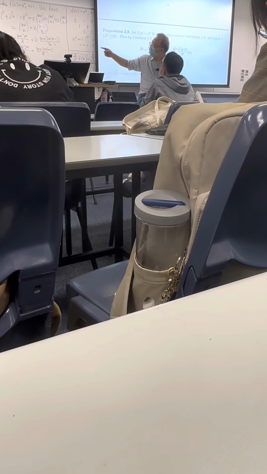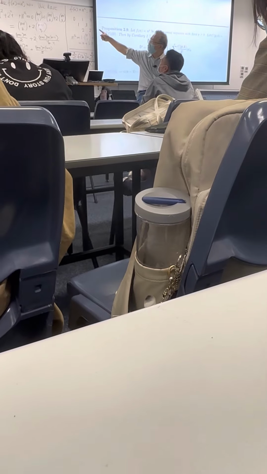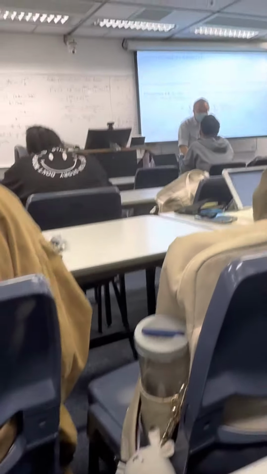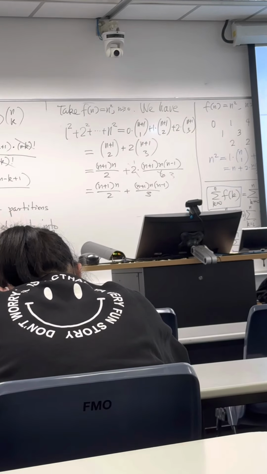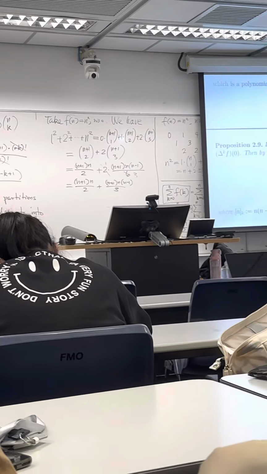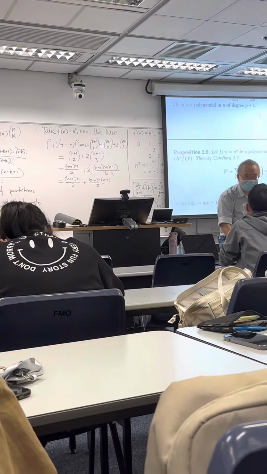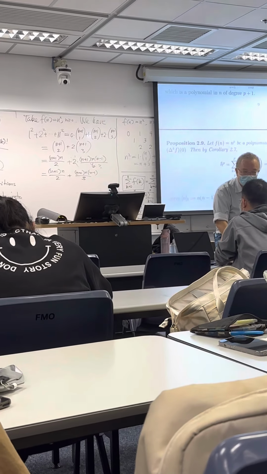Then about finding the squares: 1 squared, 2 squared, 3 squared, and add up these, find out the formula.